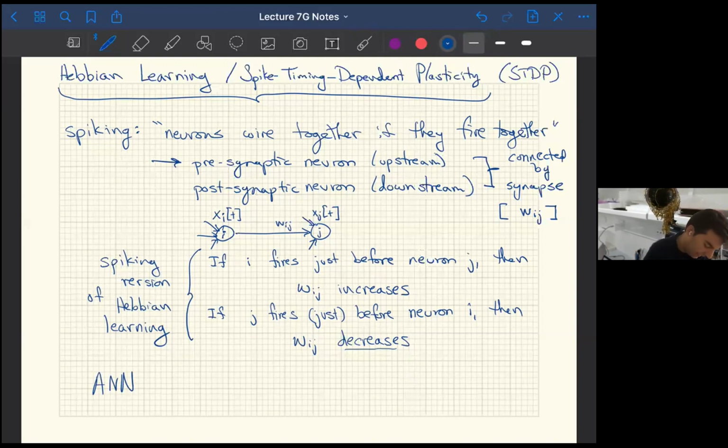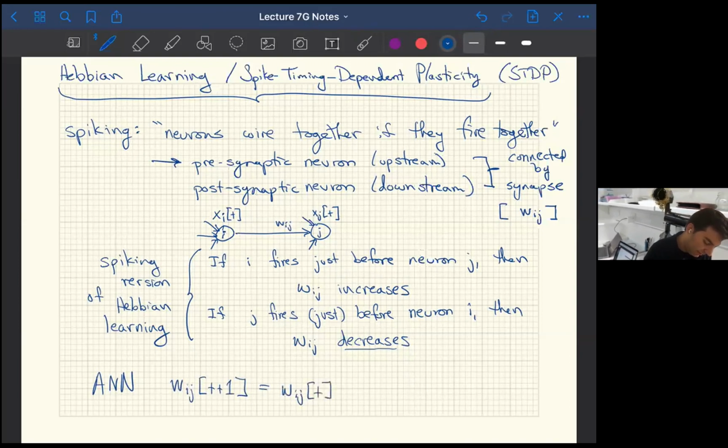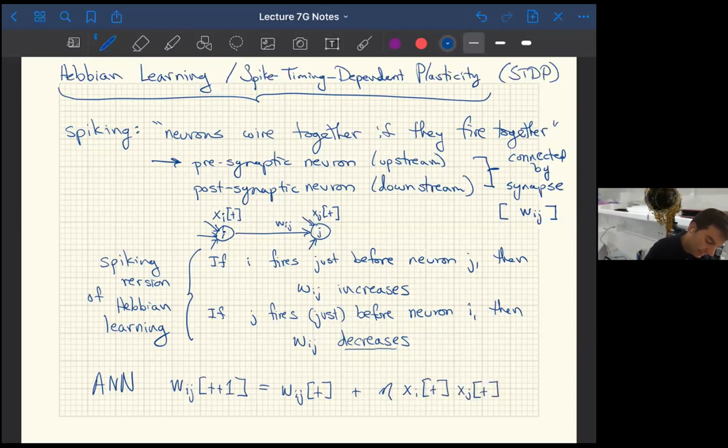And so you can say that the weight of IJ at time t+1 is going to be equal to the previous weight at time t plus, let's say, some learning rate times the state of i times the state of j at time t, where you can view xi and xj as both coming from -1 or 1.